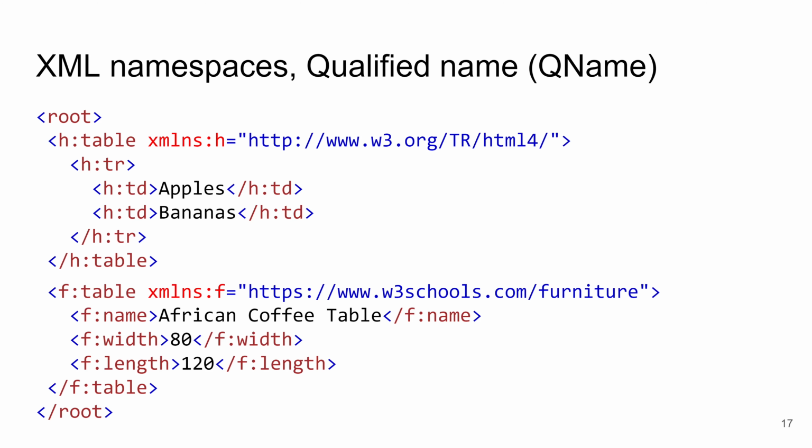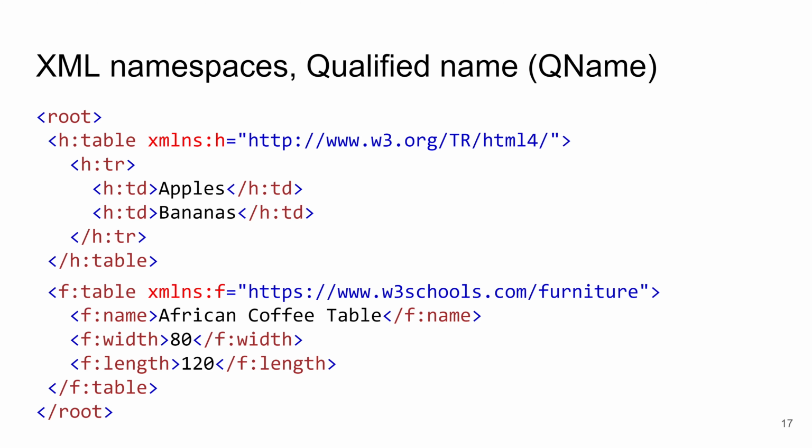There is also a term qualified name or QName connected to this, because when we have an XML document like this, actually the table element from now on has a qualified name, which is a pair, IRI of the namespace and the name of the element.